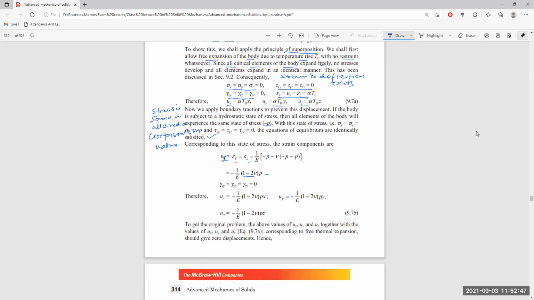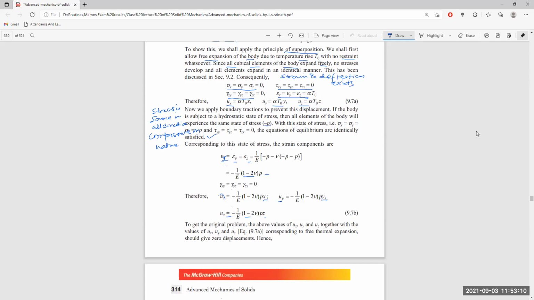Because if we know the strain in the x direction, we can know the displacement Ux by multiplying the strain with the original length x. Similarly, Uy is obtained by multiplying the strain in the y direction by y, and Uz by multiplying the strain by z.